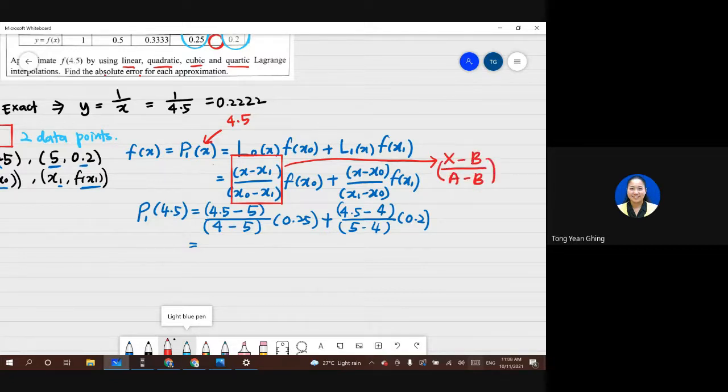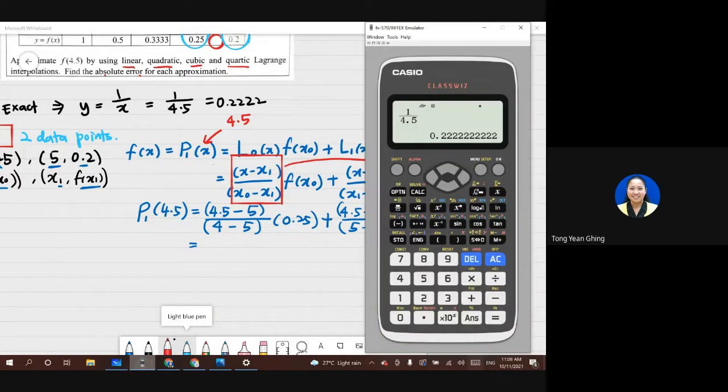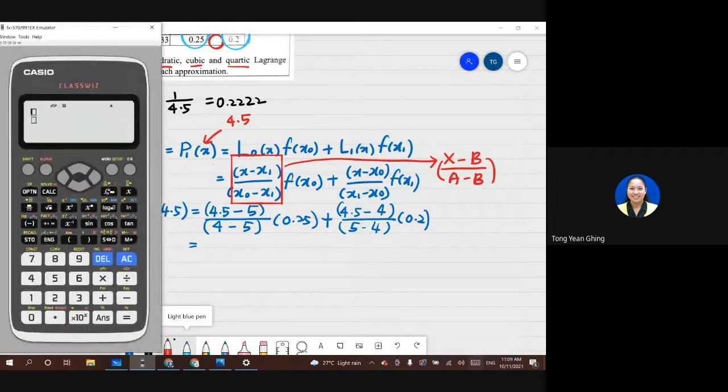Okay, so let's do this one. This is alpha x minus alpha b, and this one is alpha a minus alpha b.